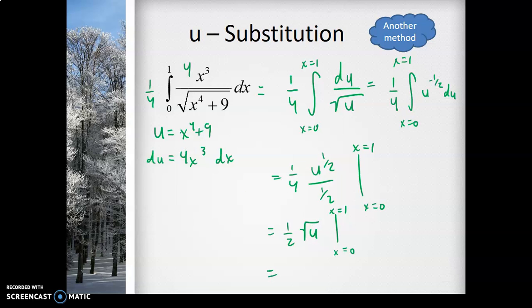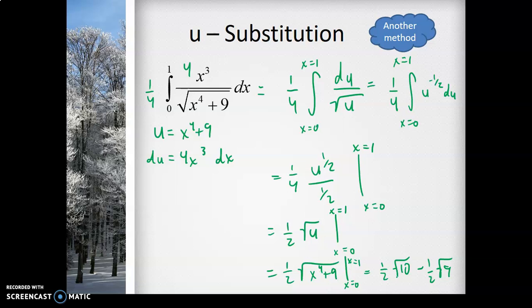So then I can plug my x function back in. So 1/2 times x to the 4th plus 9 underneath the square root, going from x equals 0 to x equals 1. Now I don't really need the x equals anymore because the variable matches. And now I plug in 1 and I get 1/2 times the square root of 10 minus 1/2 times the square root of 9, which is the same thing I got before.